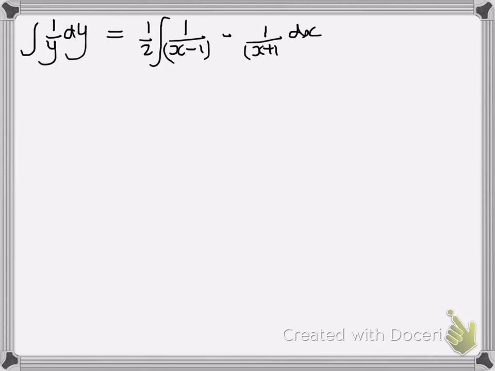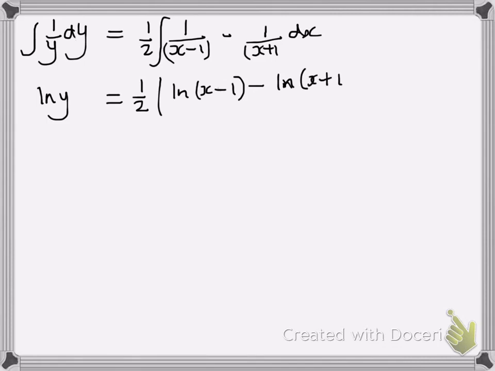So now I can start integrating. So here I have ln y is equal to a half times ln(x minus 1) minus ln(x plus 1) plus some constant c.